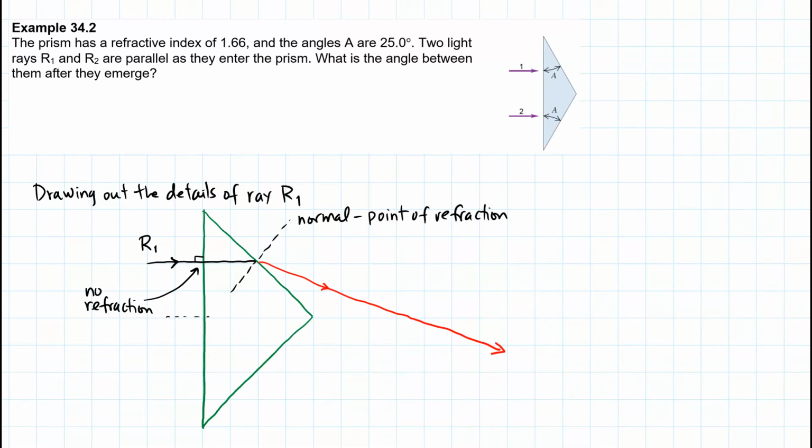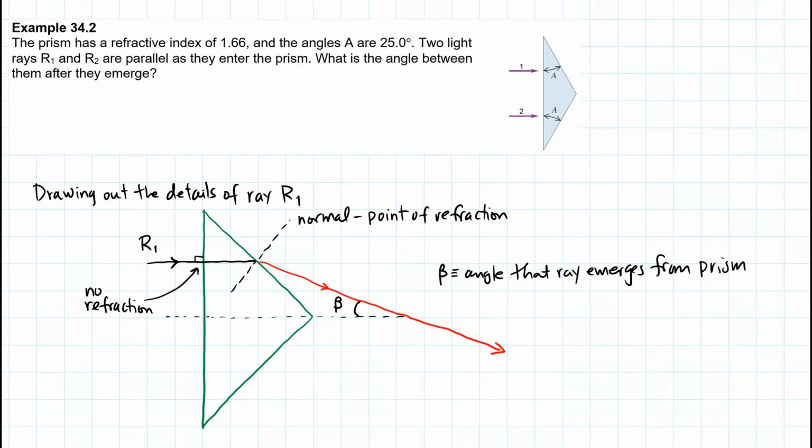We have to talk about this relative to the center part. So this angle right here, which I'll call beta, is the angle at which the ray emerges from the prism. This is the angle that we need to determine.